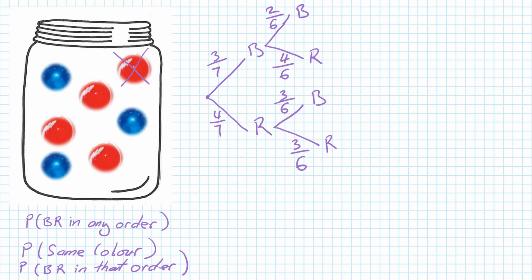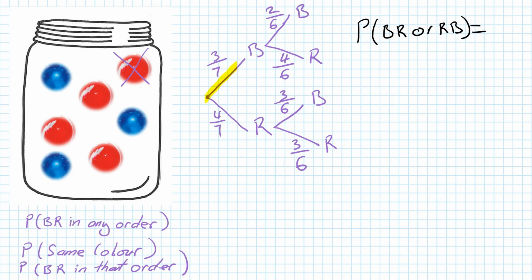So let's answer these questions. The probability of getting a blue and red in any order means I can get either blue red or red blue. This is the one I'm going to highlight for you, so you can see which one it is.